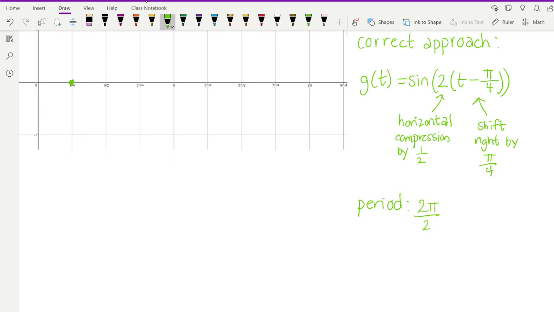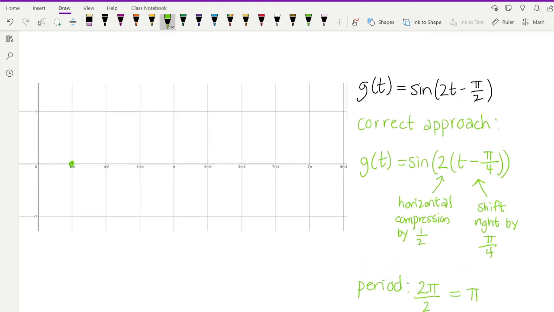So you're always taking the period and dividing it by your number k. And so that means that I want to add pi to pi over 4 to figure out the end of the cycle. So pi over 4 plus pi is going to give me 5 pi over 4. So that's the end of the cycle. Then we can just use symmetry to fill in the halfway point, the maximum, the minimum, and together this is going to give us our graph.